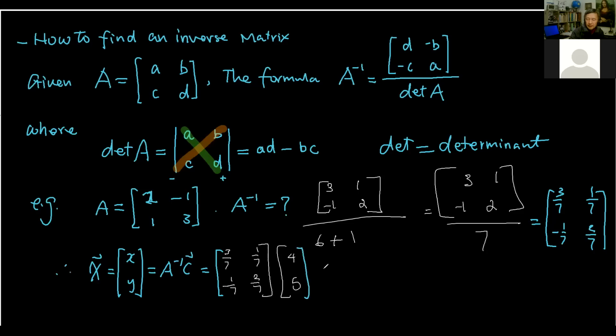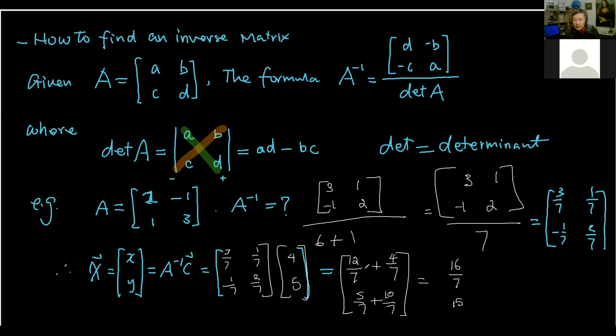Okay, can you finish this multiplication of two matrices? So in this way, you get x and y directly.